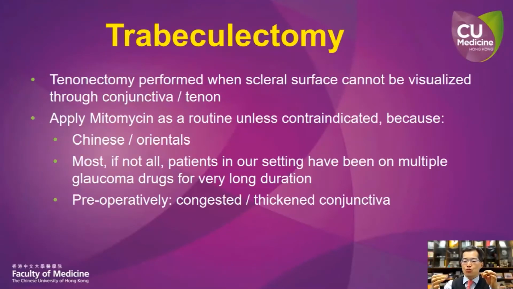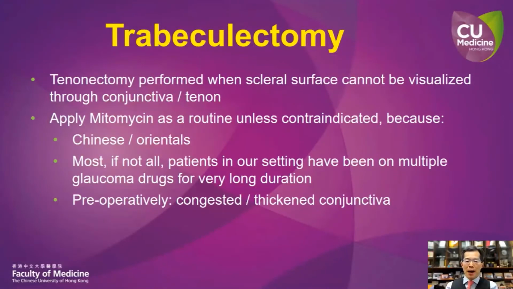And if the scleral surface, as well as the episcleral vessels, cannot be visualized through the conjunctiva, then the conjunctiva is too thick. And I perform Tenonectomy to allow me to visualize the scleral surface through the conjunctiva. This would make subsequent laser suture lysis much easier. Okay, and I only do the Tenonectomy over the area where I will likely be performing laser suture lysis. I don't do extensive Tenonectomy.